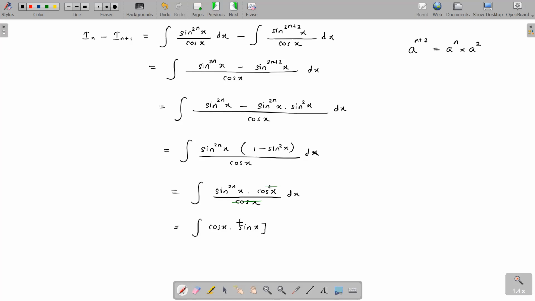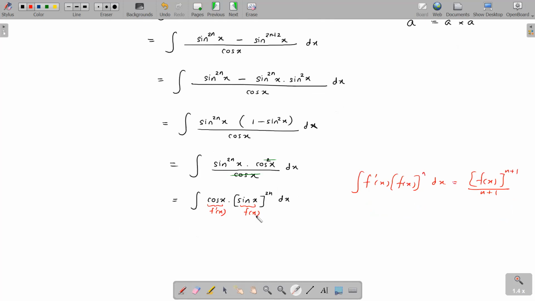How do we integrate this? So what rule do we use here? Yeah, we can use the f dash x over f x rule, because basically here sine x is our f x. Sine's differentiation is directly cos, right? So we have directly the f dash x times f x to the power n, the reverse chain rule. So this rule: f x to the power n plus 1 over n plus 1. This is the rule, right? So we can use this rule immediately.